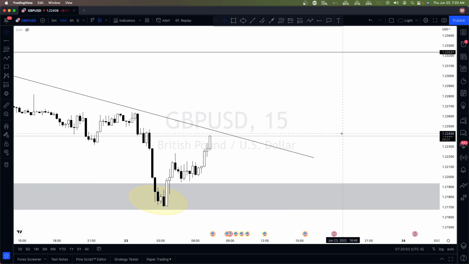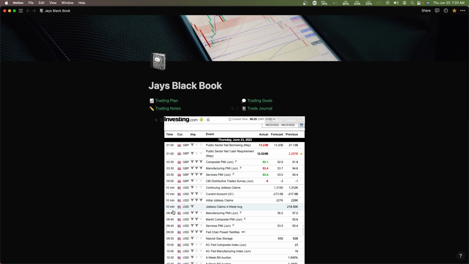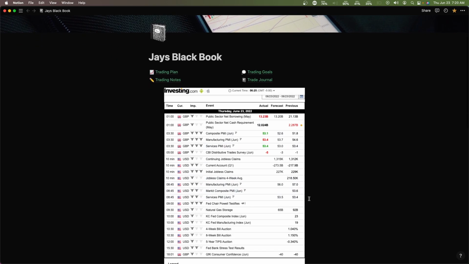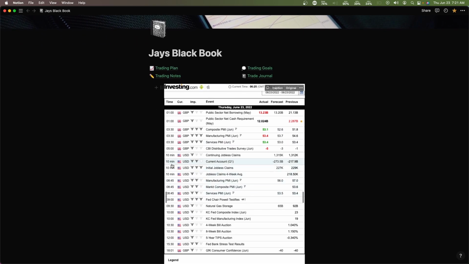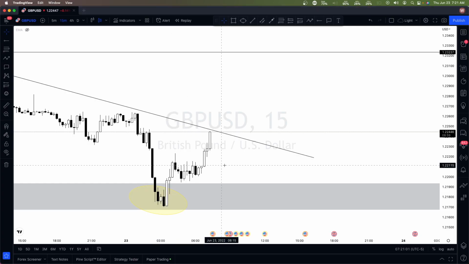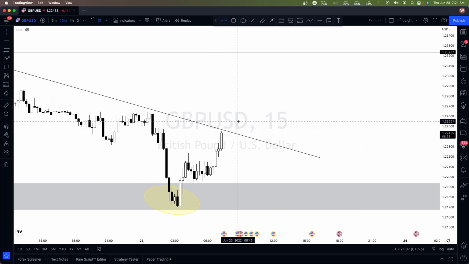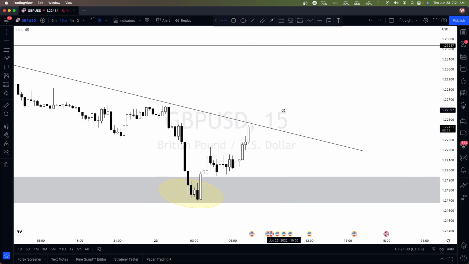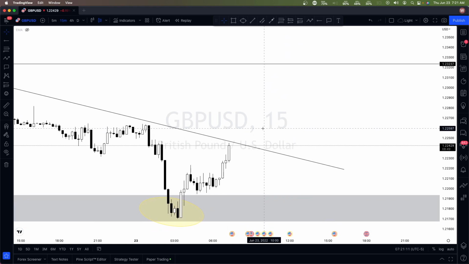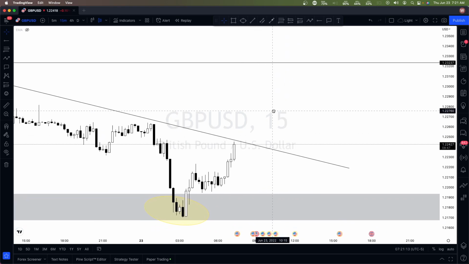And we have news again in 10 minutes, at 7:30, about when this 15-minute candle closes. So we'll come back after the news and when we have a close above here.